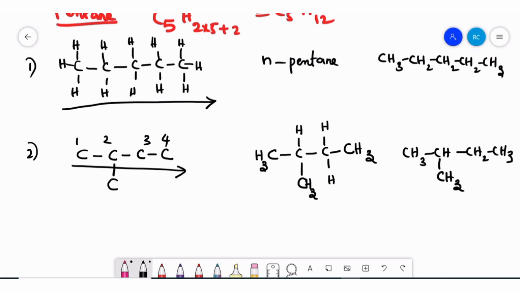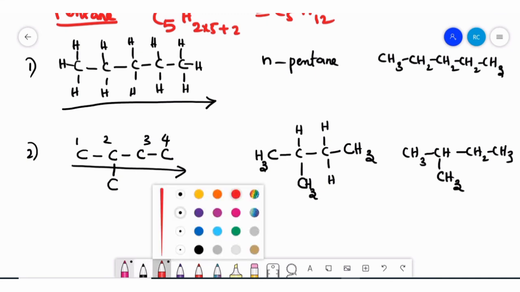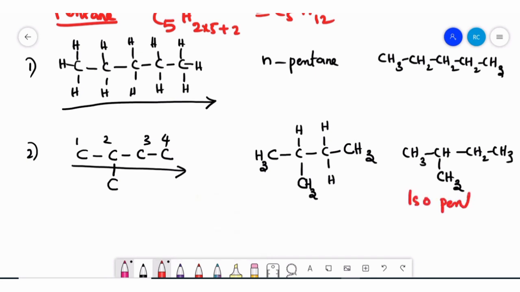Here the substitution is on the second carbon, by reducing the chain length. So this is also a chain isomer of pentane, because we are reducing only the length of the parent skeleton chain. This is called isopentane.